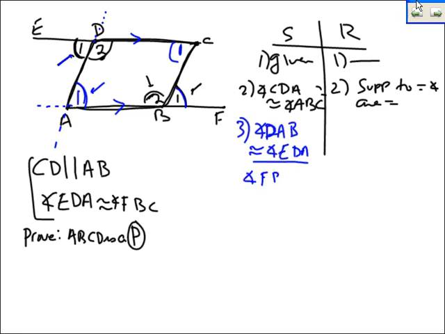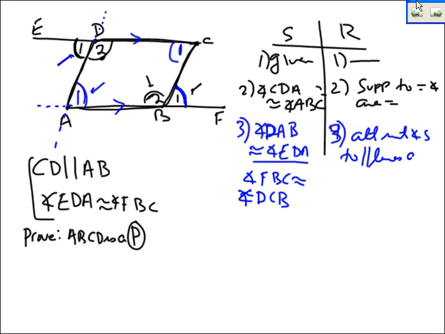Angle FBC, this angle over here, is congruent to angle DCB. And the reason is alternate interior angles to parallel lines are congruent.